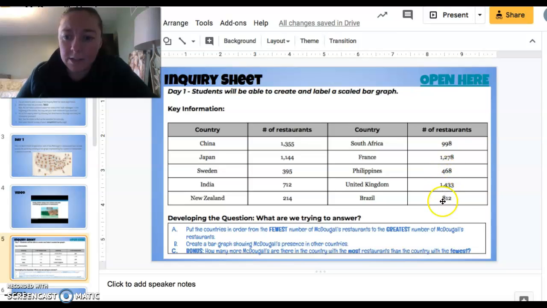4 in the hundreds, 8 in the hundreds, that's too high, so the Philippines are still my smaller number. 4 in the hundreds, 2 in the hundreds. Ooh, New Zealand is much smaller than the Philippines. 2 in the hundreds, 7 in the hundreds. New Zealand is still smaller. 2 in the hundreds, 3 in the hundreds. So New Zealand is the smallest amount of restaurants so far in the country with 214.